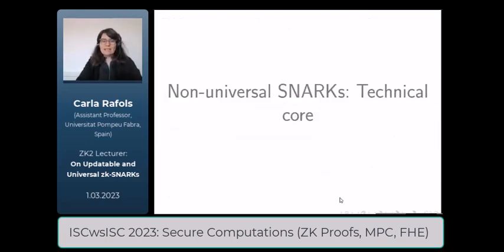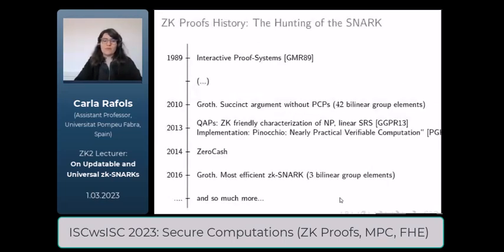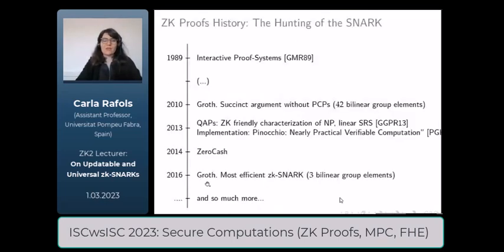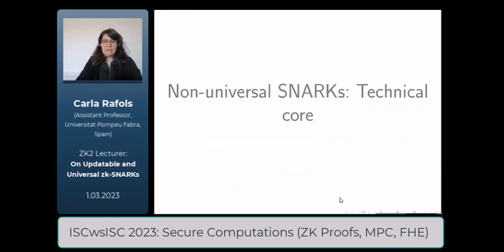Before I talk about further developments, so before I talk about universal and updatable SNARKs, I want to focus on these ideas here. The ideas that led to designing the first constant size pairing-based SNARKs. I will not present a very concrete scheme.